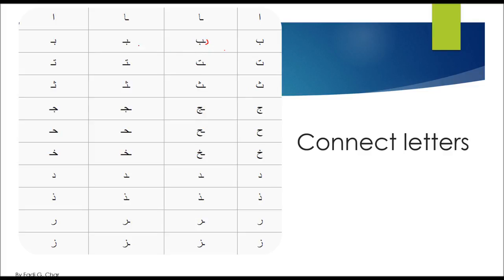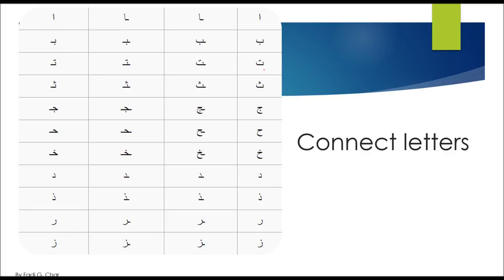In the middle of the word, ba is like that because ba is connected from the right side and from the left side with other letters. So this is the ba, and the point above it, and we connect it from the right and the left side. And then at the beginning, we start like that. So if I want to write ba and alif, it's going to be like that, because we can connect any letters before alif, and this is how we start with ba.